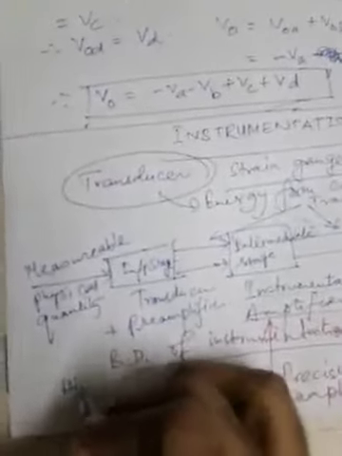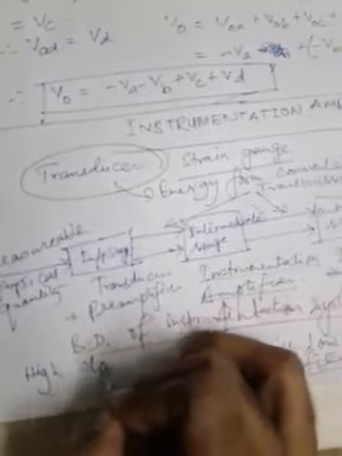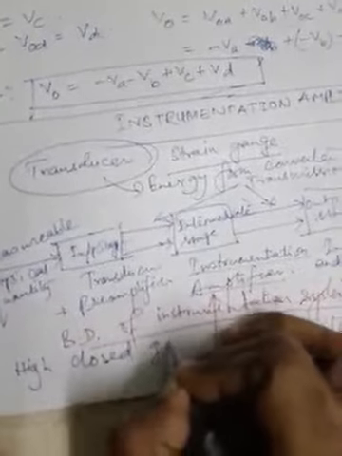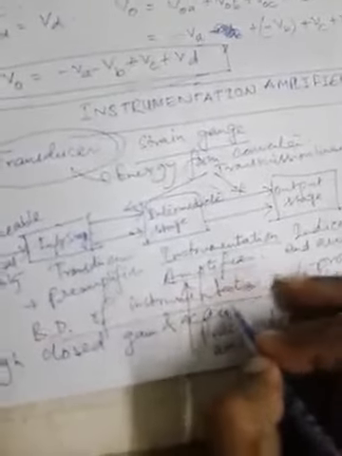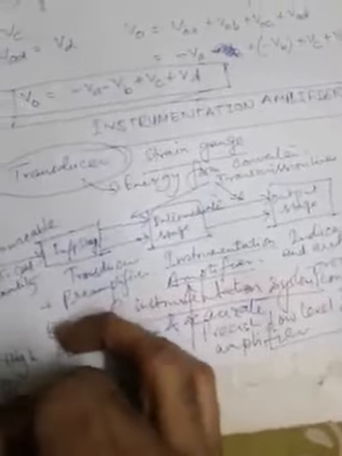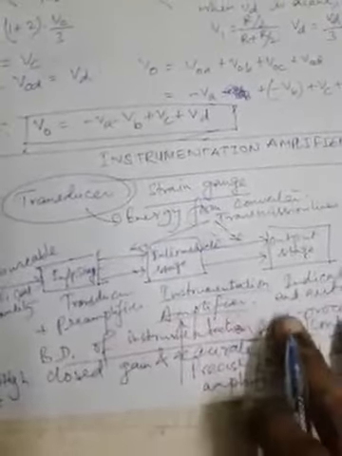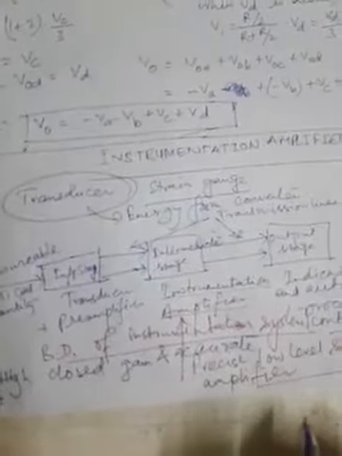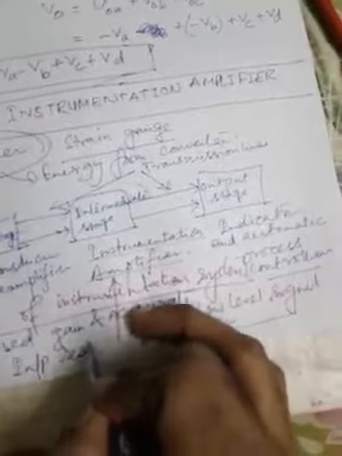So the property that is required for an instrumentation amplifier is high closed loop gain, and accurate also. That means variation of gain is not tolerable. And the second property is that it should have high input resistance.